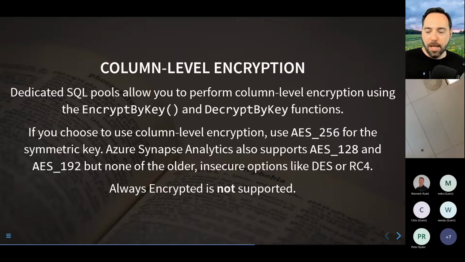And the twist is that if you go to the SQL Server documentation, you can choose to use an algorithm like RC4 or DES or triple DES. Azure Synapse Analytics forbids that. You may use AES 128, 192, or 256-bit encryption for the symmetric key.